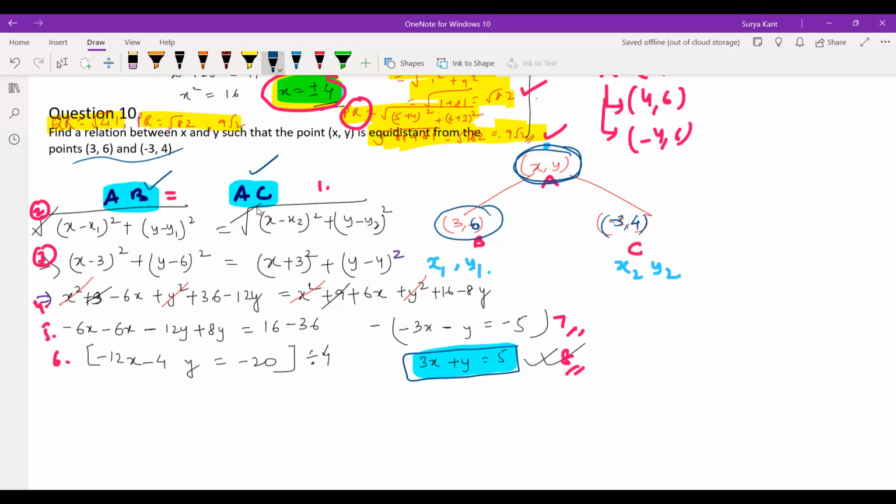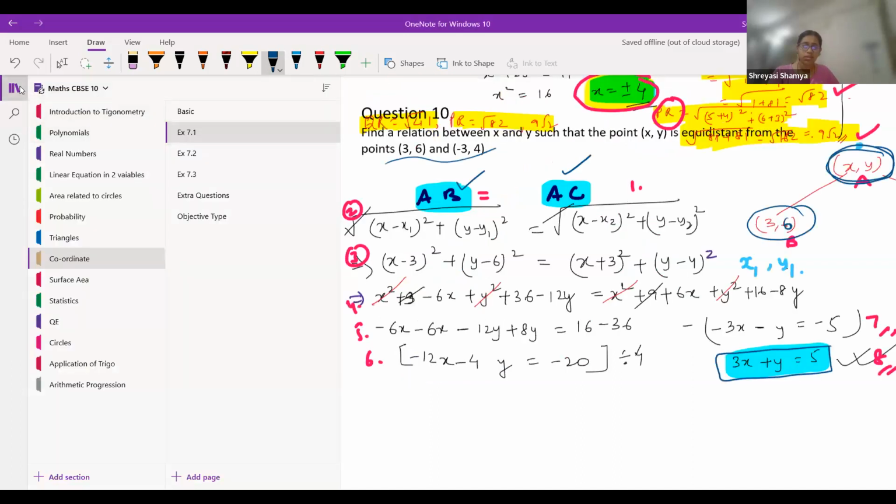Homework. Have all of you done the homework, question number 10? Only Medha and Hansini have done it. Shreyashi, have you done question number 10? Sir, we did till question number 9.